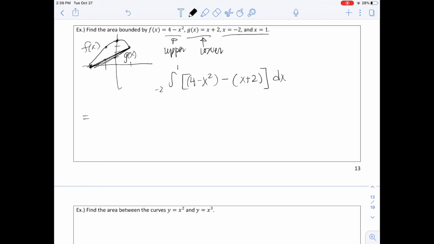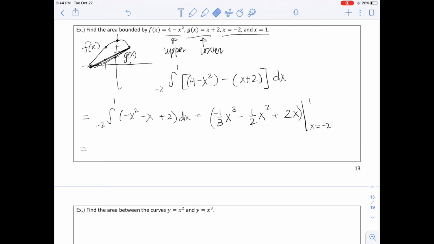So this is going to simplify to the integral from -2 to +1 of negative x squared minus x plus 2 dx. And then integrating this, we end up with negative 1/3 x to the third minus 1/2 x squared plus 2x, evaluated from x equals -2 to +1.